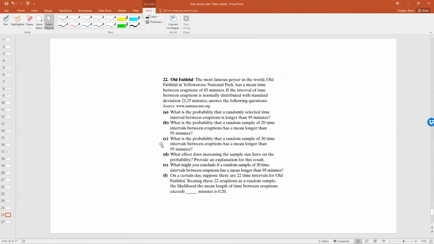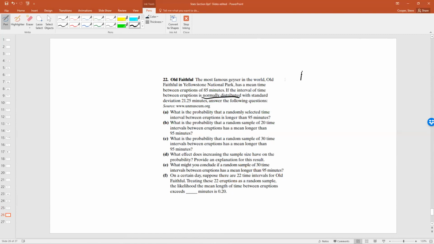Okay, a couple more problems. We've got Old Faithful, the most famous geyser in the world, in Yellowstone Park, with a mean time between eruptions of 85 minutes. And the interval of the time between eruptions is normally distributed. So in this case, we've got an underlying normal distribution. And the standard deviation is 21.25 minutes.